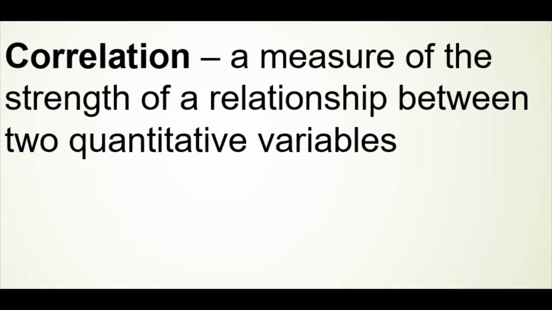Or as one variable increases, does the other variable tend to decrease? And we want to see how closely related these two variables are. That's why we create the scatter plot, because it helps us to see if there's a relationship, and that relationship is called a correlation.